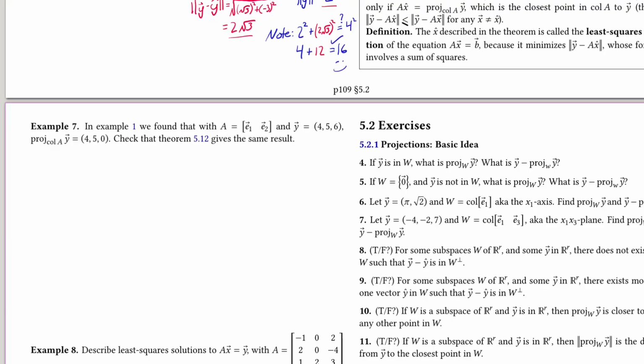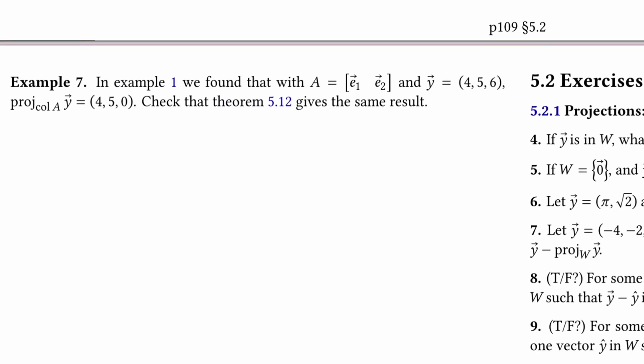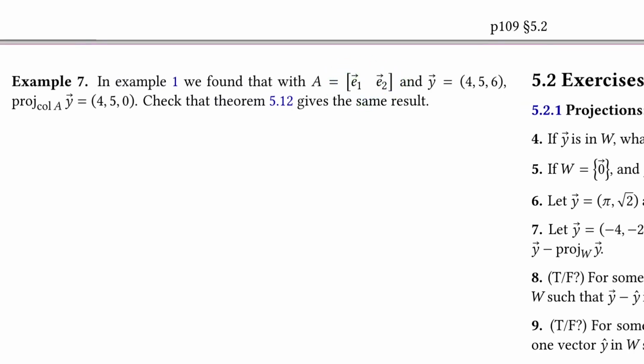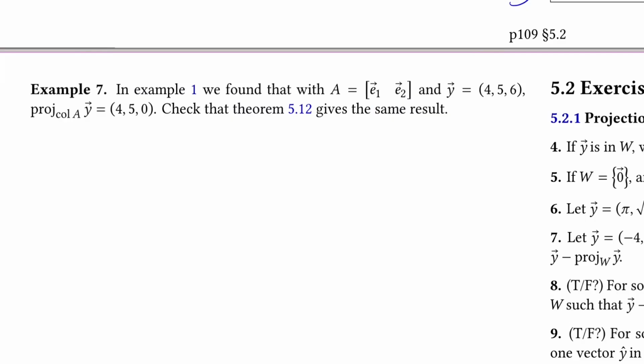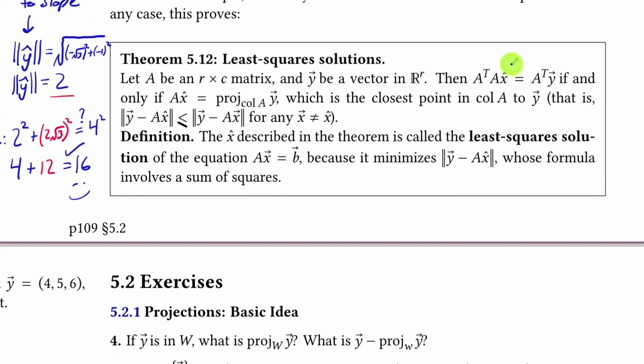In the first example, example 1, we found that if A is E1, E2, well, of course, the column space of A is just the x1, x2 plane, and we found the projection of y onto the x1, x2 plane. Let's check that if we do it using this theorem, this formula here, we get the same result.